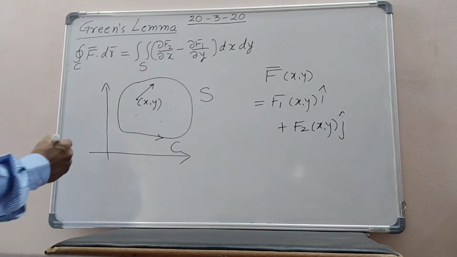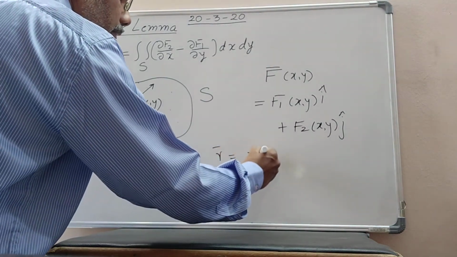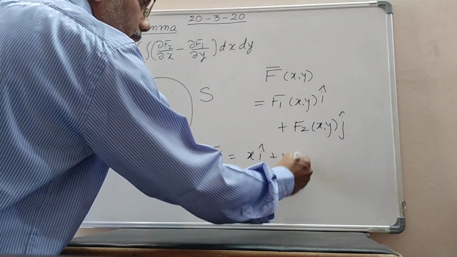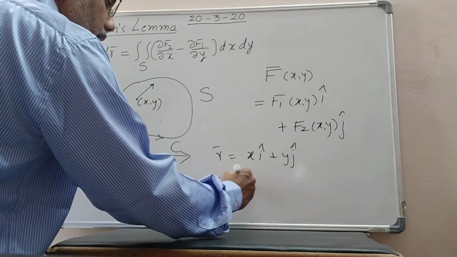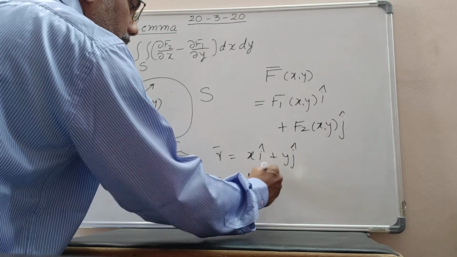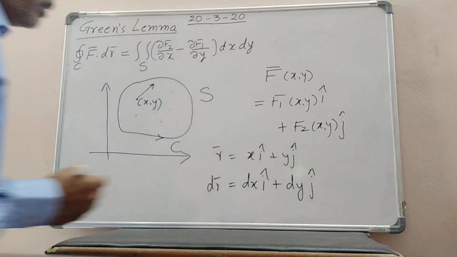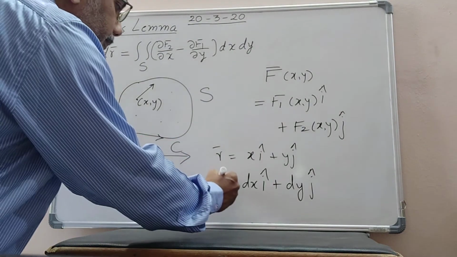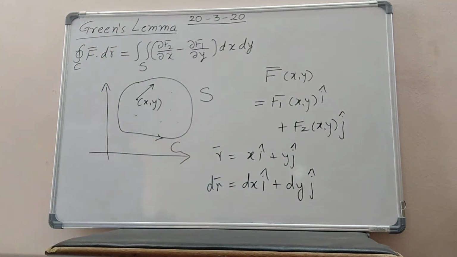Now r bar is always going to stand for the radius vector. So r bar is going to stand for x i plus y j. And therefore dr bar is dx i plus dy j.